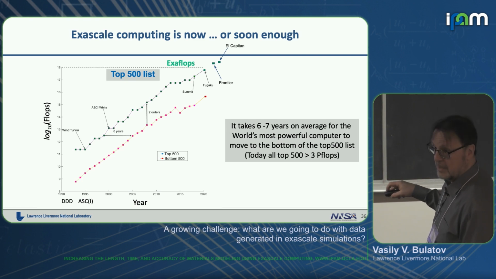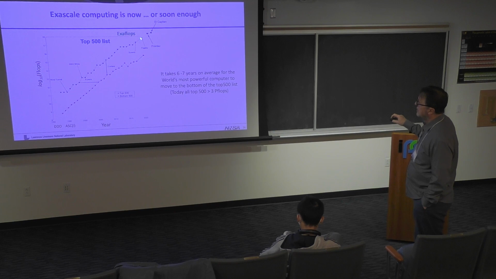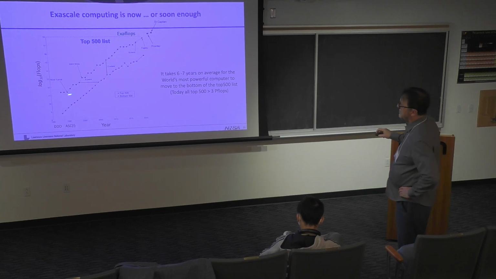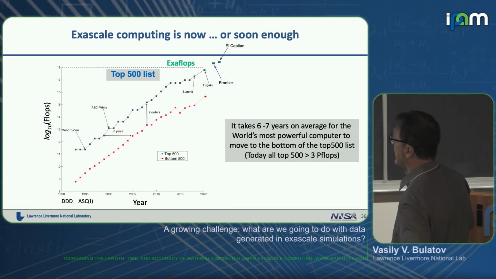So that's the same kind of plot I showed you in the beginning. It is partially extended to about now. So these are new machines that came about after that plot was completed. Fugaku, Frontier, and El Capitan is going to come online. Frontier is already operational, and so we went above exaflops.